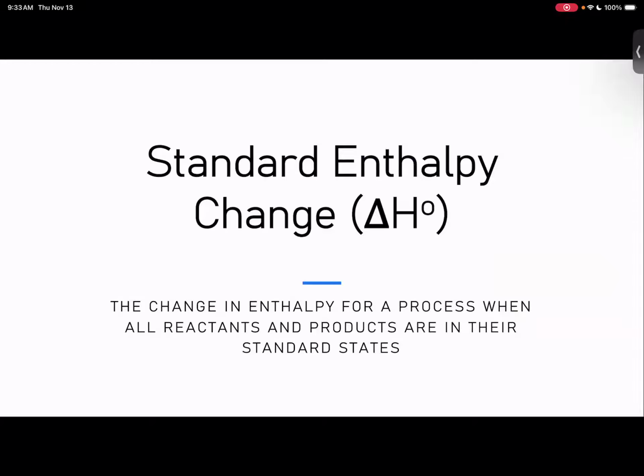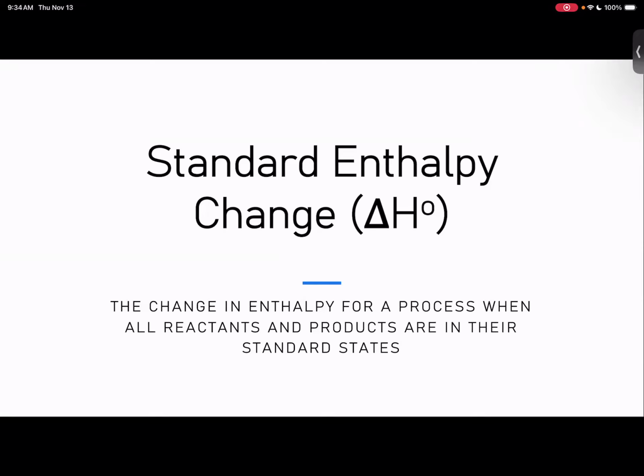So a standard enthalpy change. Delta means change in. What does delta always mean? Final minus initial. So we're talking about the change in enthalpy for a process when all reactants and products are in their standard states. That's, again, what we mean by standard. You will notice that the naught symbol is attached to that enthalpy. That naught means that it's a standard state.